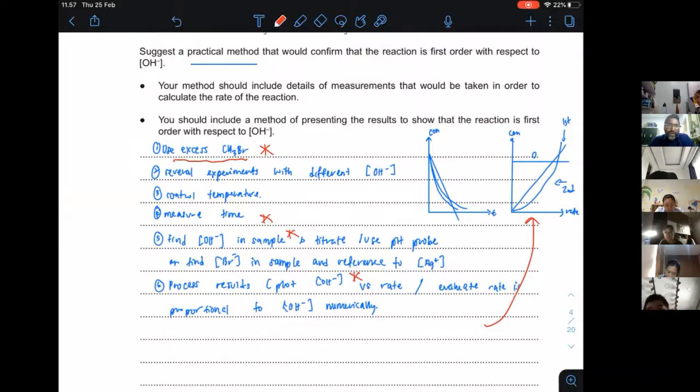It is to make sure that the rate is only responding to the change of concentration in OH minus only. So you are going to eliminate the changes involving CH3Br. That's going to be the practical method.